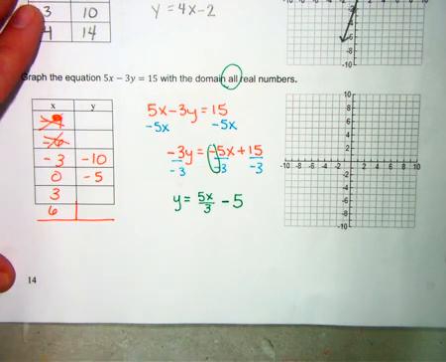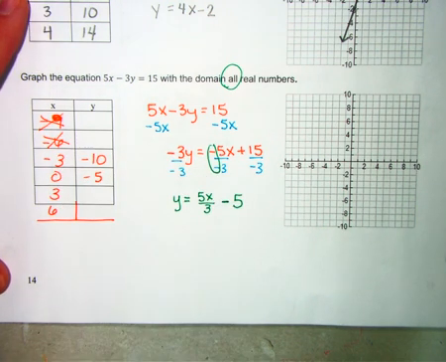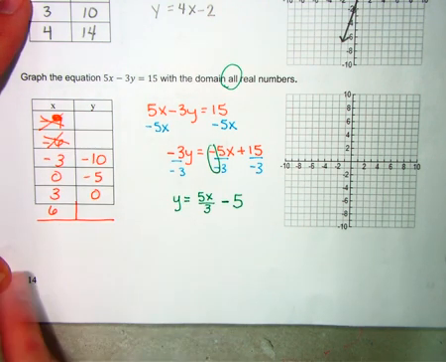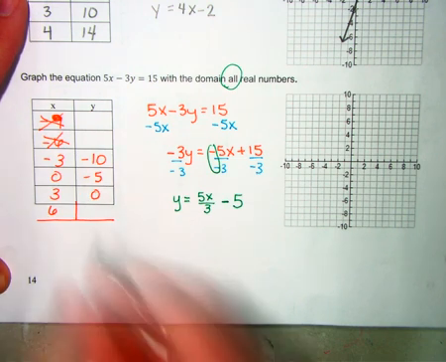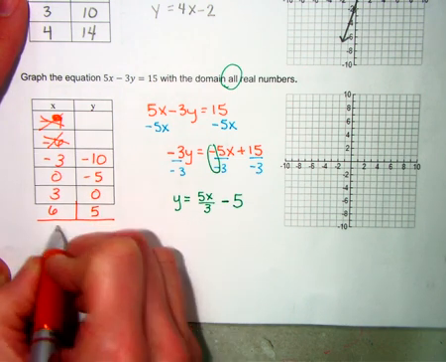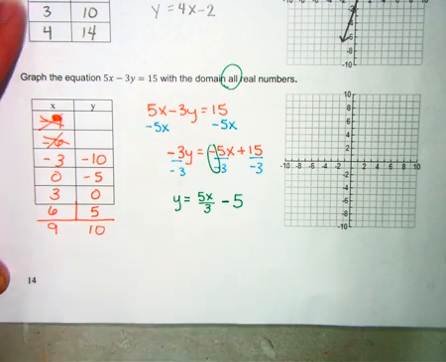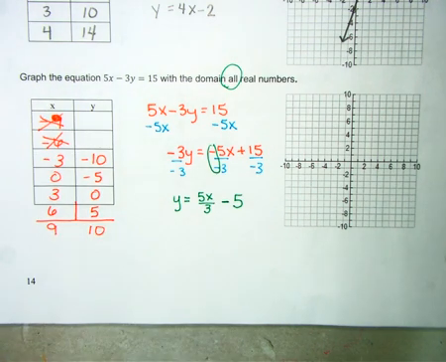0 should be negative 5 when you plug it in. 3 should be 0. 6 should be, do we see a pattern yet? 5. Yeah, so once you see that pattern, and then if you wanted to go another one, it would be 10. But again, if you pick numbers that are kind of in order, then you're going to see a pattern, and you can use that pattern to finish filling out the table.